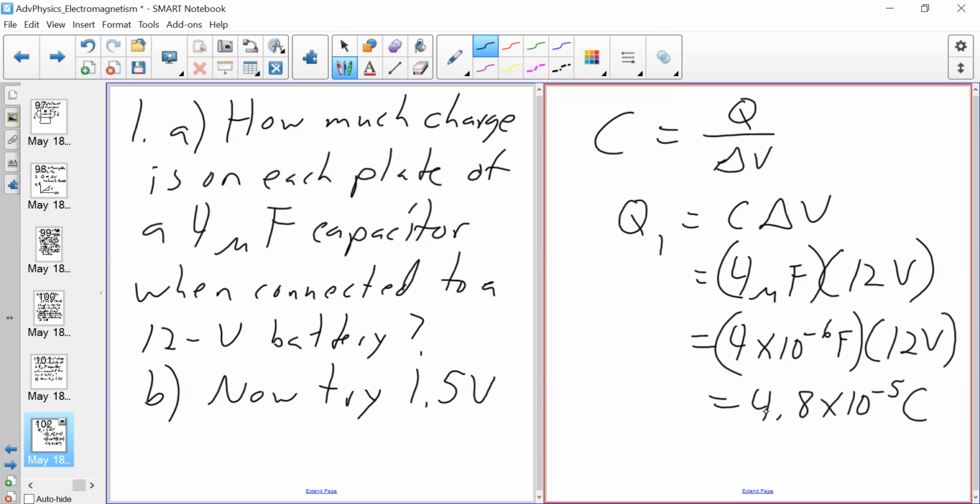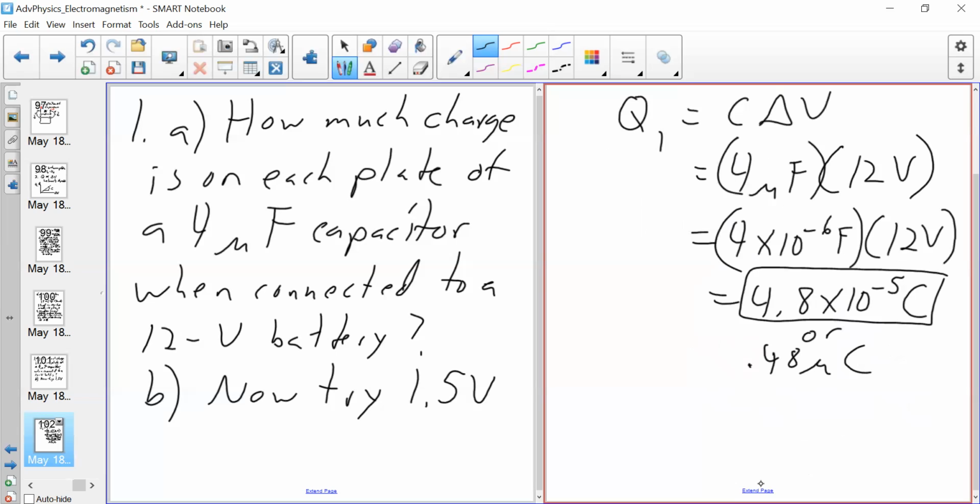So we have 0.48 microcoulombs. It doesn't matter, right? We have to know when stuff is trivial.